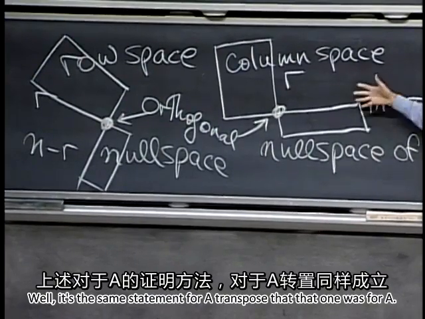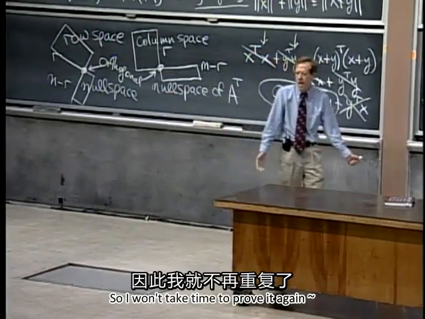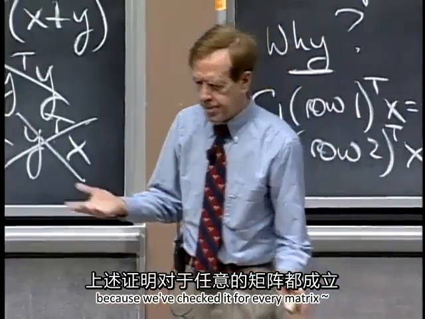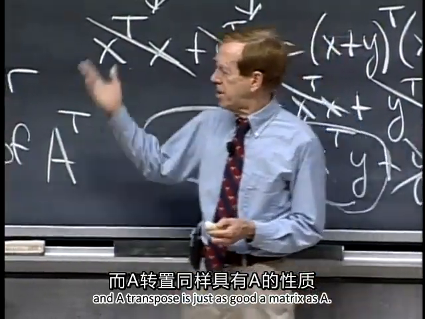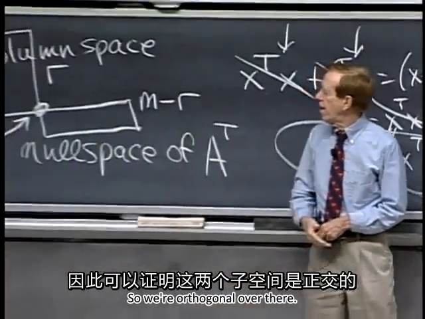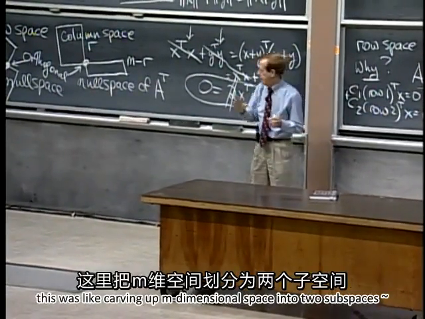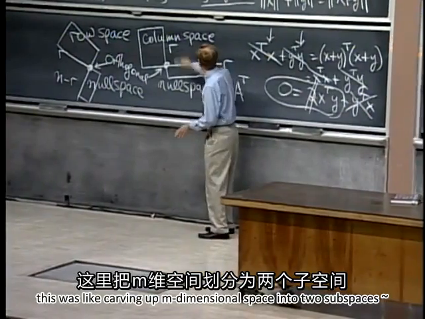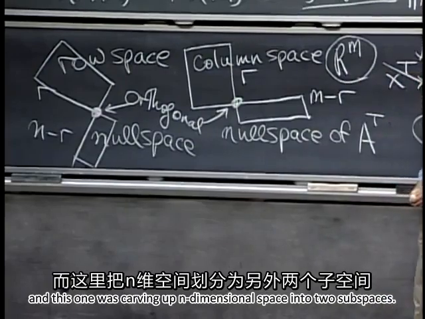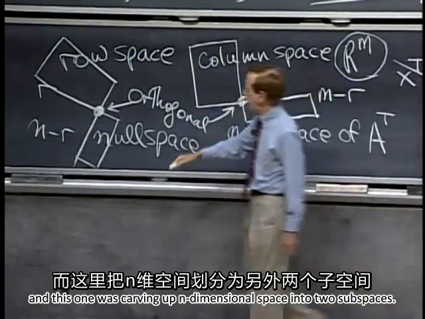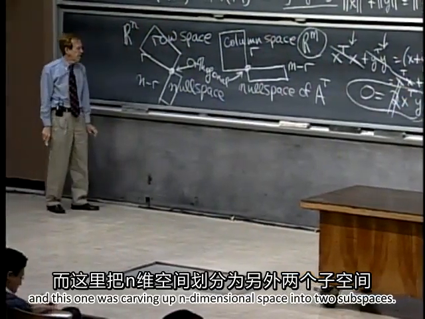Well, it's the same statement for A transpose that one was for A. So I won't take time to prove it again, because we checked it for every matrix, and A transpose is just as good a matrix as A, so we're orthogonal over there. So we really have carved up, this was like carving up m-dimensional space into two subspaces. And this one was carving up n-dimensional space into two subspaces.